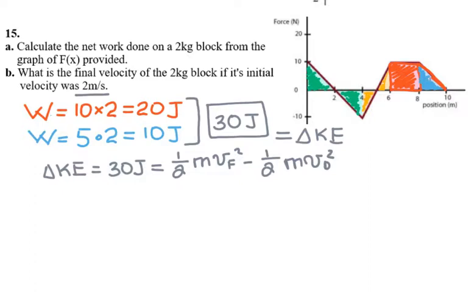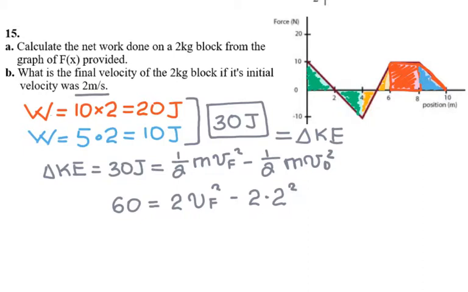So if I want to find the final velocity, I'm going to plug in the numbers for initial velocity. I have 30. Let's times them all by 2 so we don't have fractions. So if I times every term by 2, I have 60, and then I have mass, which is 2, times the final velocity that I'm looking for squared, minus mass 2 times initial velocity, which is 2 meters per second, squared.